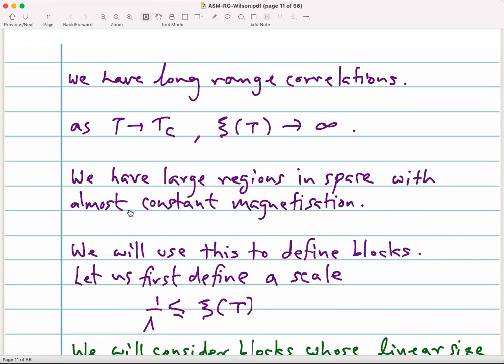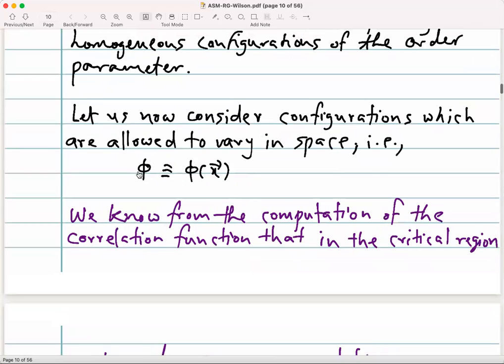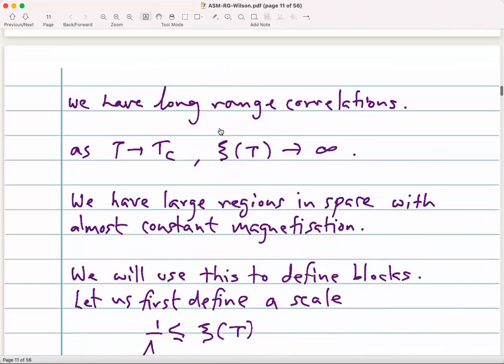That is something we had observed, that the magnetization remains constant over large distances. And that was our initial reason for assuming in the Landau-Ginzburg model that the order parameter is independent of space.